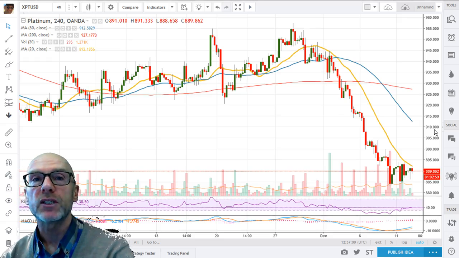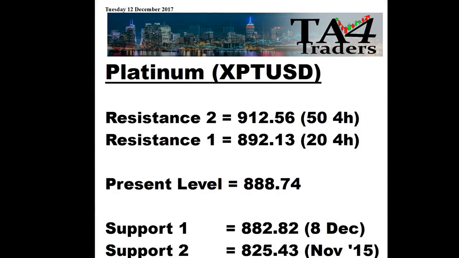Looking at the support and resistance levels, as I said, the 50 comes in on the 4-hour at 912.6, the 20 on the 4-hour at 892, with supports coming in from the low of 8th of December at 882.82, and then we've got to go all the way back to November 15, where the support comes in at 825.43.